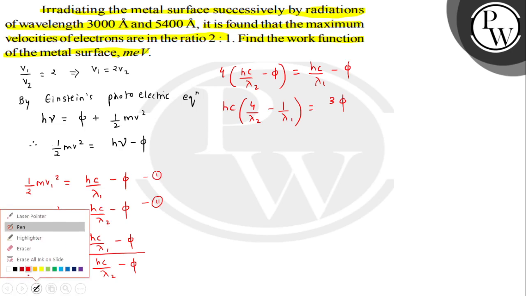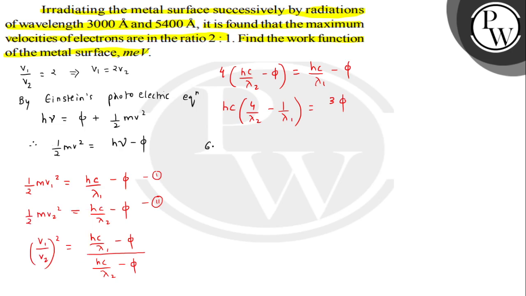Now the substitution part. h is 6.6 into 10 raised to minus 34, speed of light is 3 into 10 raised to 8, dividing by the wavelengths. Lambdas are given in Armstrong, so we convert Armstrong to meter, so 10 raised to minus 10 is taken common out, and this value of 3 will come over here. The terms that remain are 4 by 5400 minus 1 over 3000.